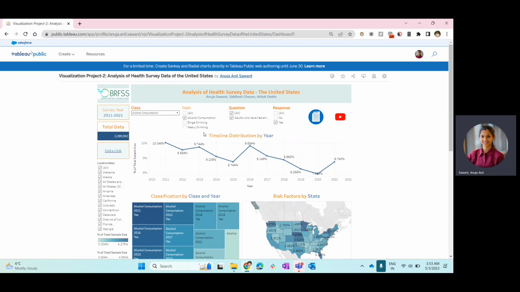Initially you will see the filter is fixed with alcohol consumption under class, and the topic has three options actually. From that I selected alcohol consumption, and the question is adults who had at least one drink of alcohol within the past 30 days. And the response is yes, those who reported they had drinks.